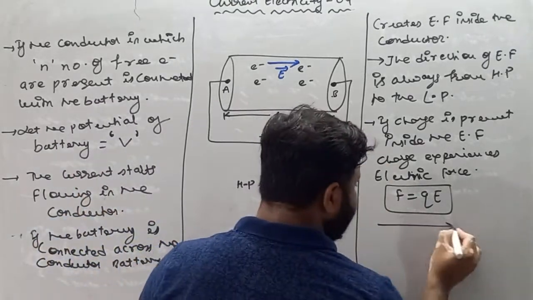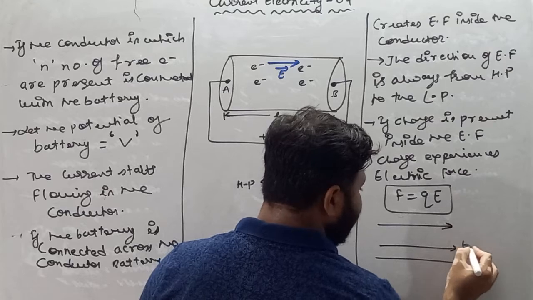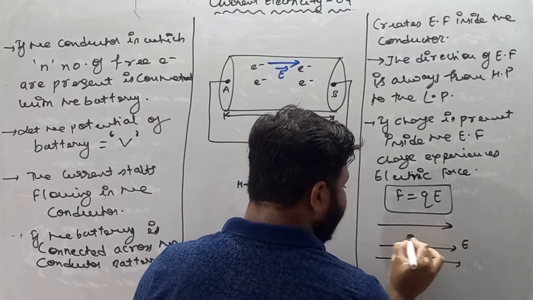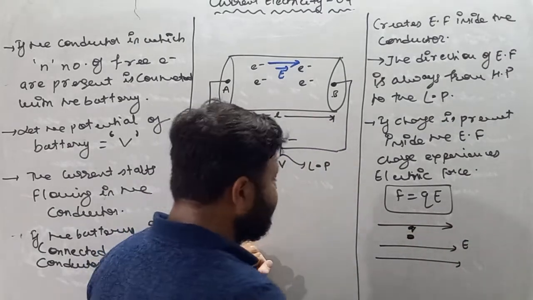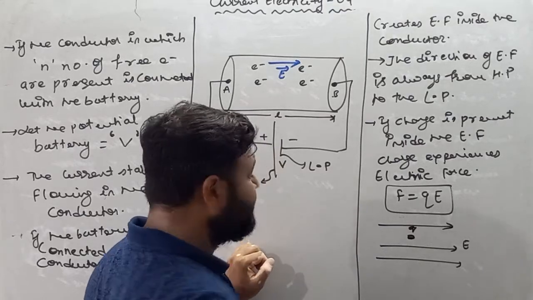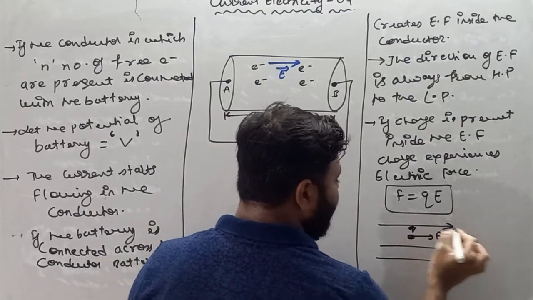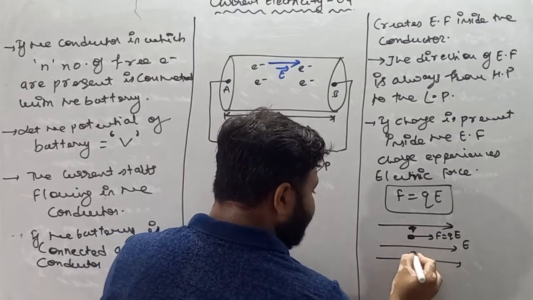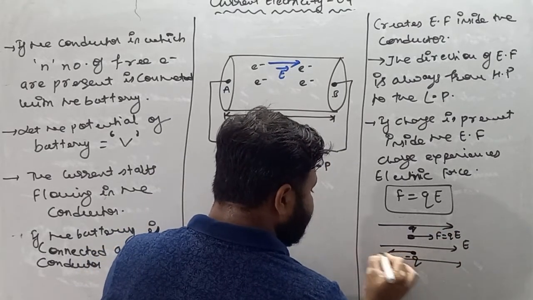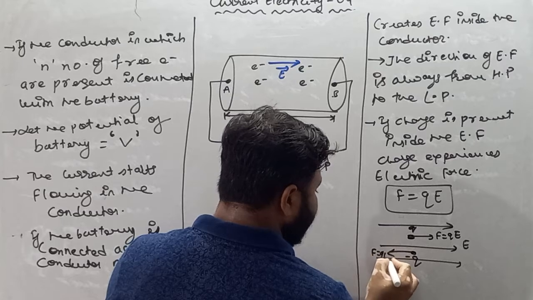If an electric field is there and any charge is present inside it, then that charge experiences force. If the charge is positive, the direction of force is along the direction of the electric field, and if the charge is negative, the direction of force is opposite to the direction of the electric field.